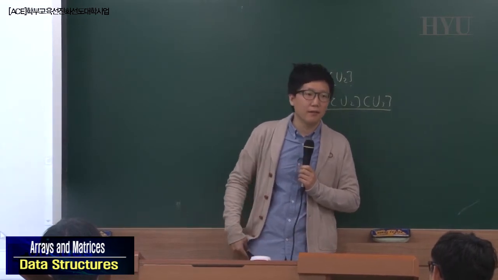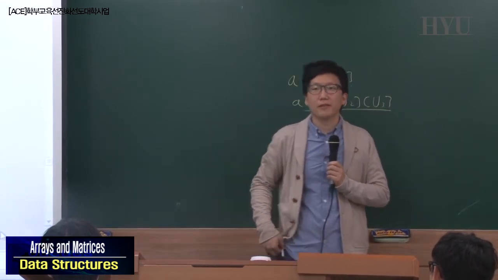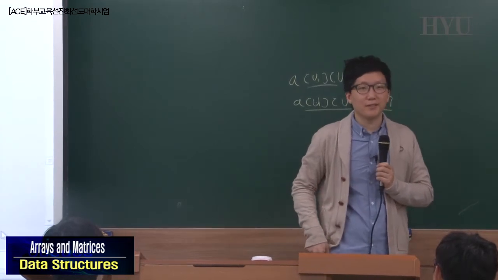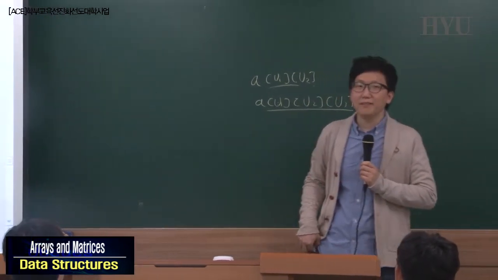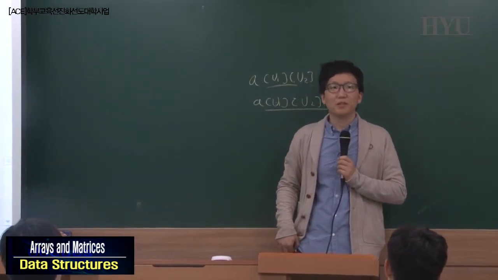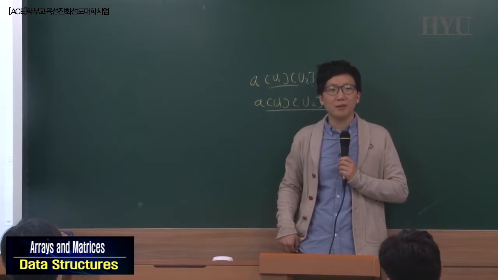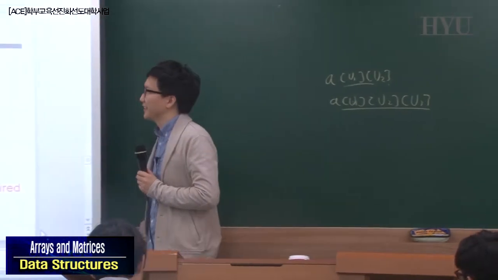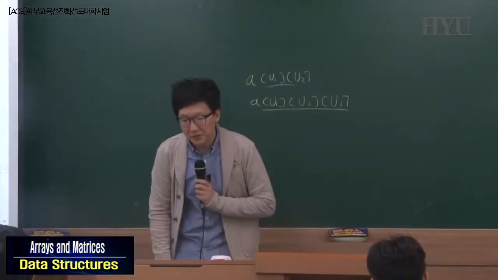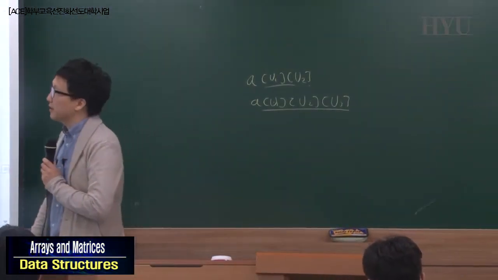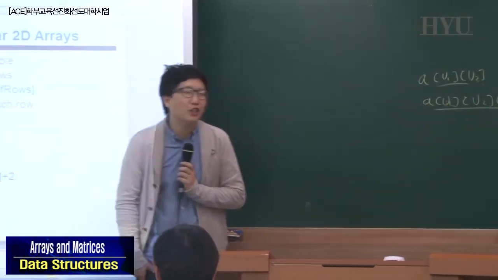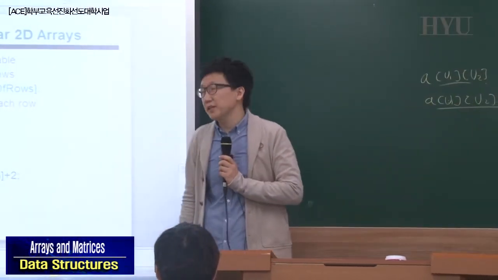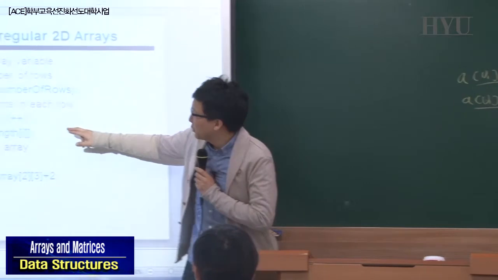Adding 1 to 10 gives 55. How do you calculate that? n times (n+1) divided by 2, a very easy formula from elementary school. So this was a sample implementation for what they call irregular 2D arrays, just one variation of 2D arrays.